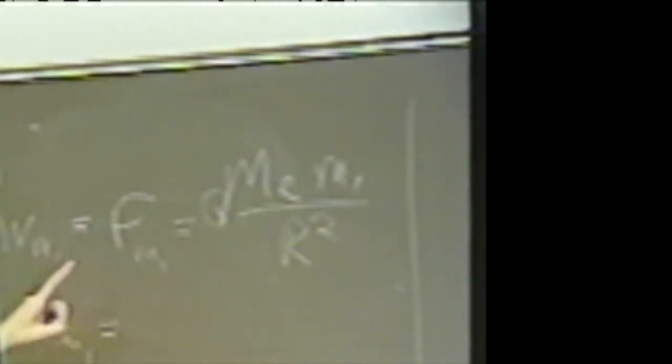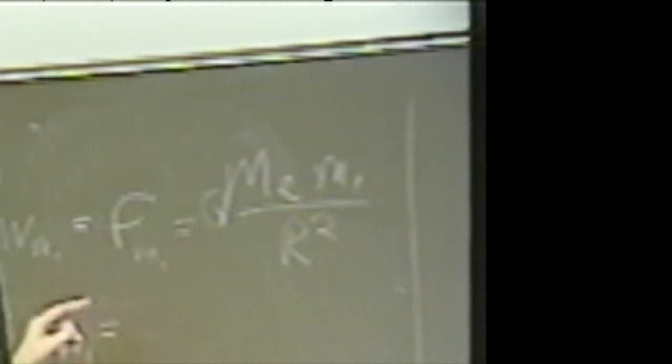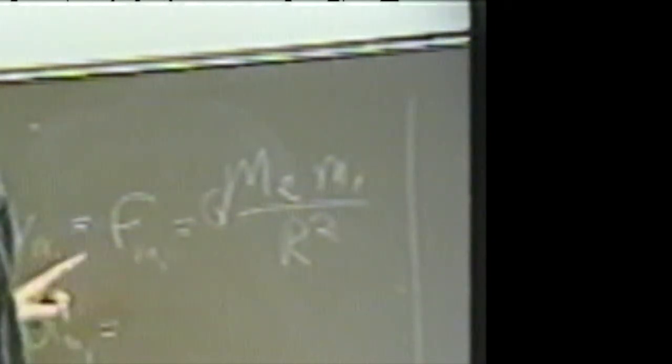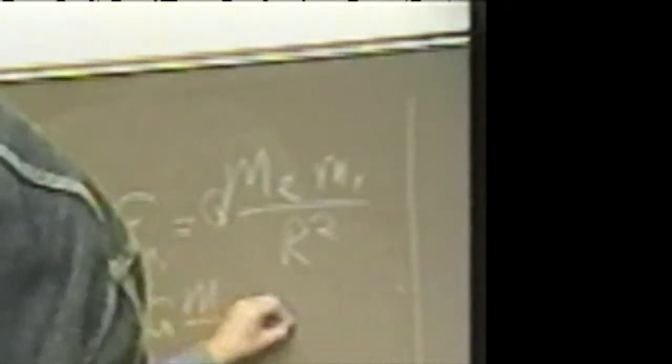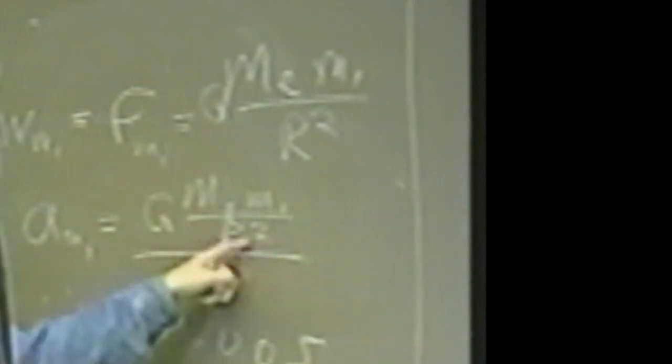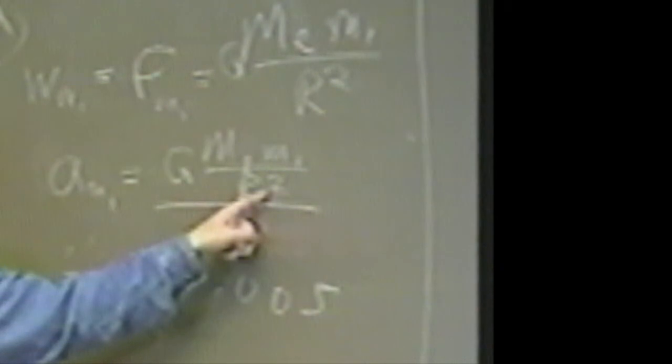Little g is the acceleration. Okay. What is the force on this? The gravitational force, this equation. The force on mass m1 is this, divided by, what is the acceleration of mass m1? It's the net force, which is only this, because there's no rope, there's no tension, divided by the mass of the object itself, which is m1.